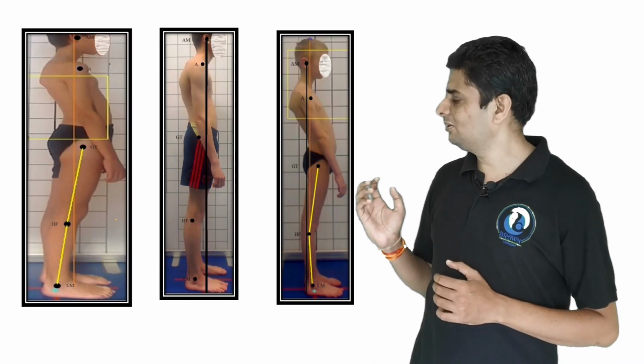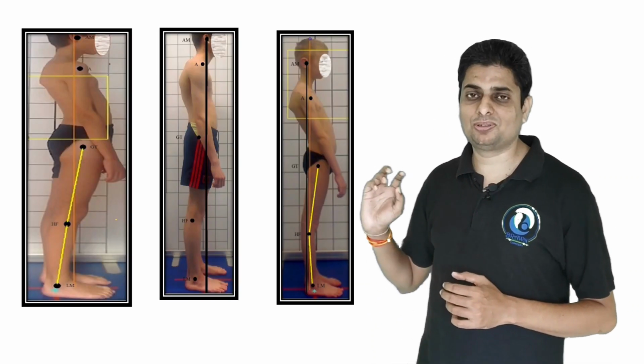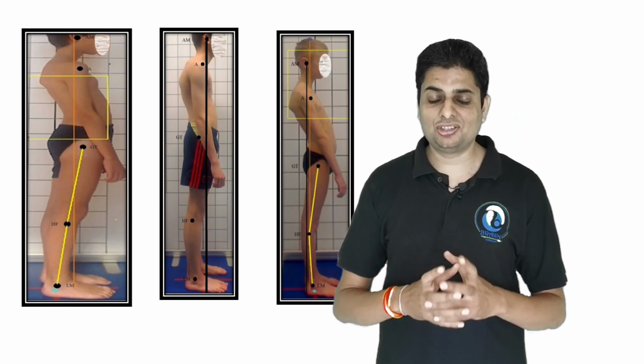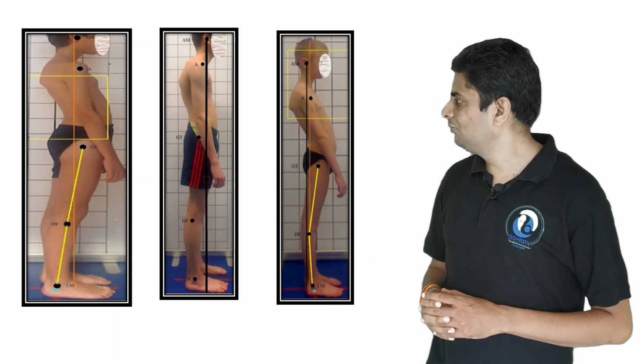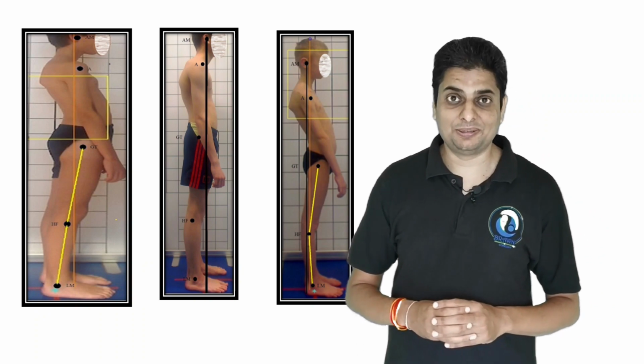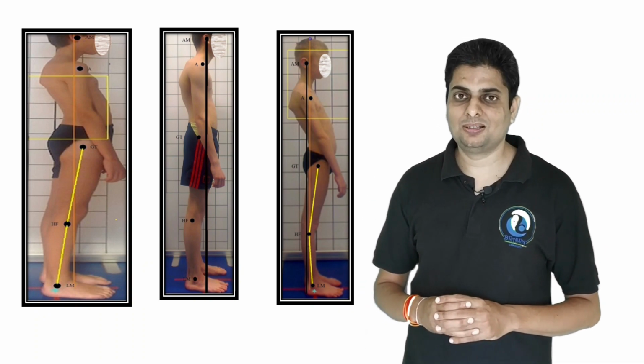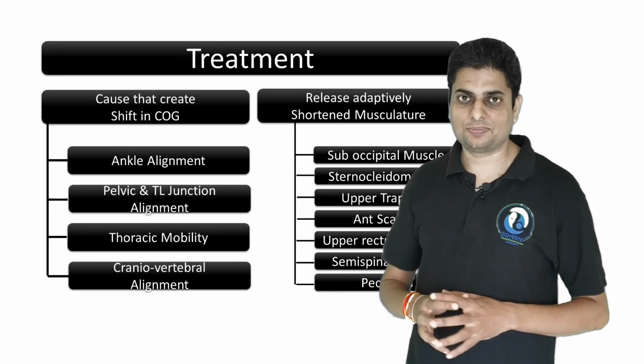As we assess posture in the sagittal plane, we see alteration in the pelvis in terms of either tilt or shift, that is anterior or posterior tilt or anterior or posterior shift, along with altered foot and spinal alignment. To cover all this, we categorize it into four sections.